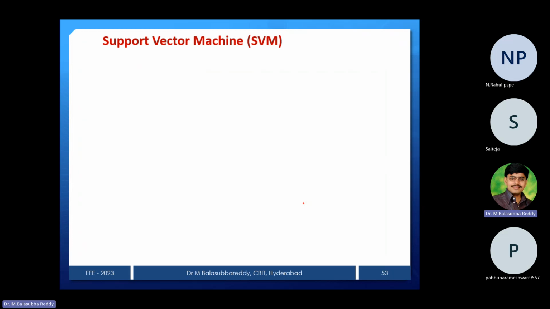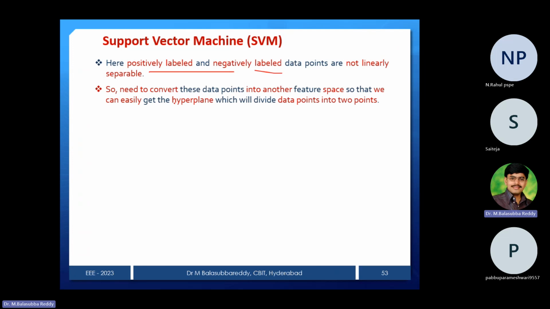That's why, whatever I mentioned so far, the positive label and negative label are separable, so we need to convert this into another feature space. We have to create one more space. How to do that, to get the data points separated into 2 groups?